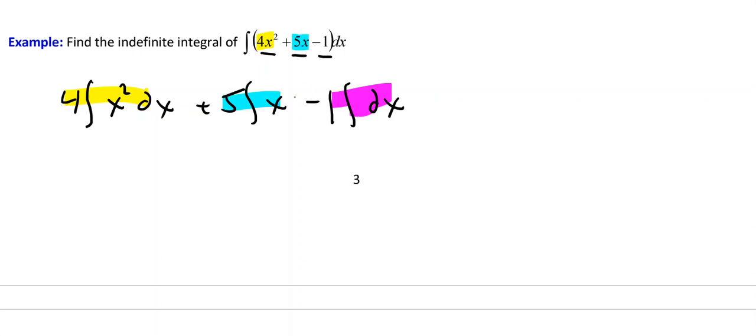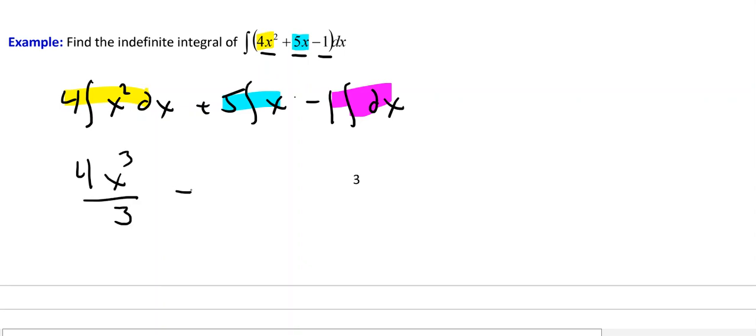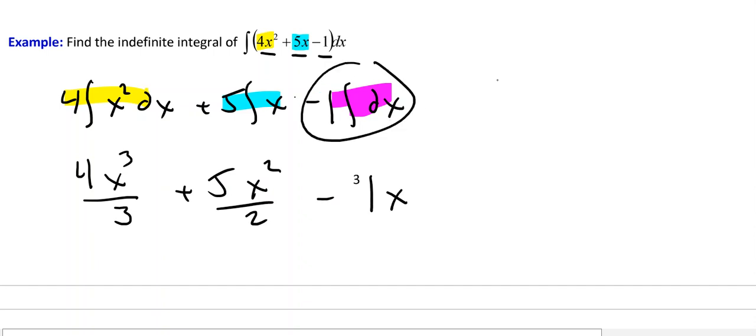So we would have 4x cubed over 3 plus 5x squared over 2 minus 1x. Now you may be saying, how do I do this one? Well, there's no x in this. That means it's like x to the 0 power, right?